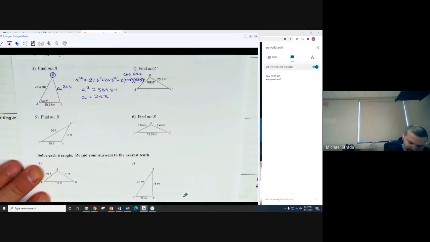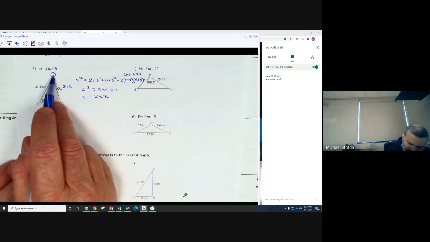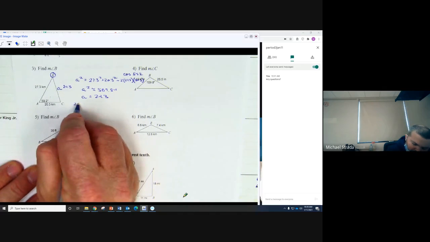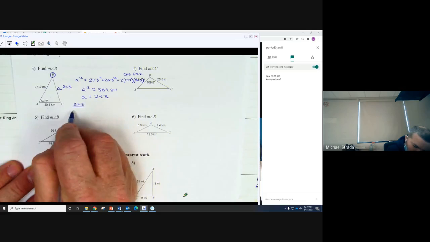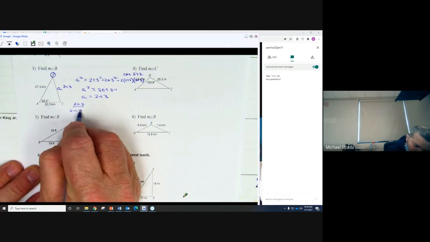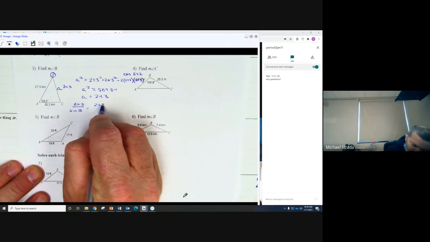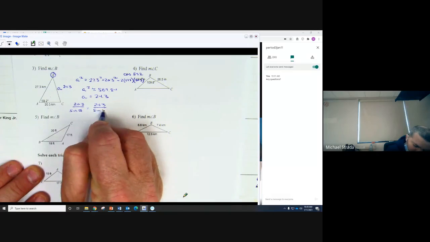And now law of sines kicks in. I'm trying to find angle B that is opposite 20.3. The 20.3 over the sine of B equals 24.3 over the sine of 59.2.